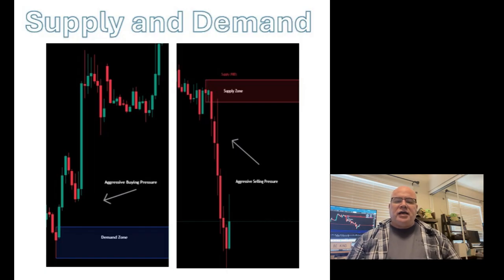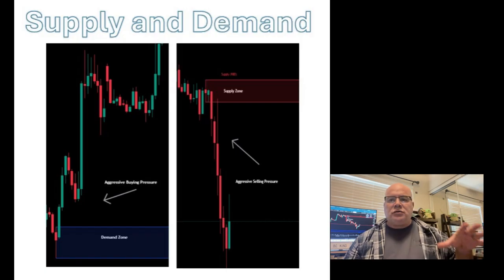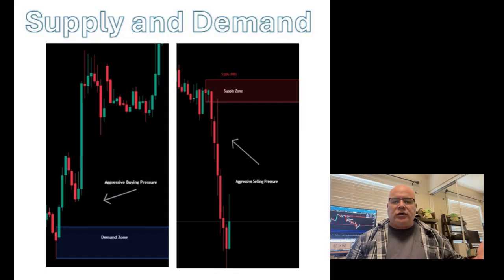The origin at 1.08, where it all started, is now your demand zone. Supply is just the opposite of that. If price was at 1.09 and shot downward to 1.08, well, now 1.09 is your supply zone.